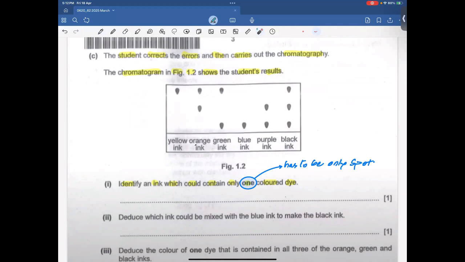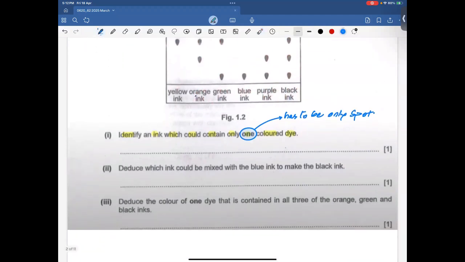So आप नोट करें, इसमें मल्टीपल स्पॉट्स हैं तो ये नहीं हो सकता, इसमें भी टू स्पॉट्स हैं ये भी नहीं हो सकता, इसमें भी टू स्पॉट्स हैं ये भी नहीं है. So this could be blue ink or yellow ink because both of them have only one spot, right? So the answer could be yellow ink or blue ink.